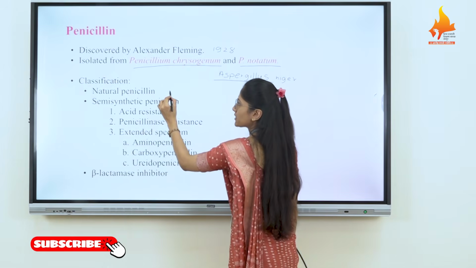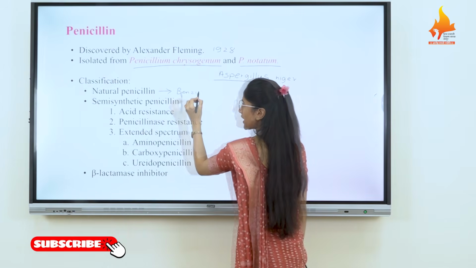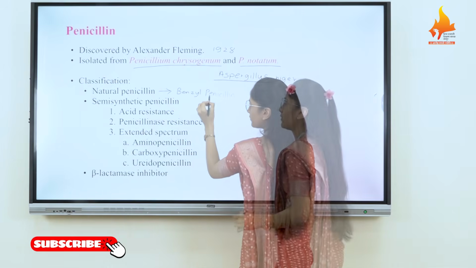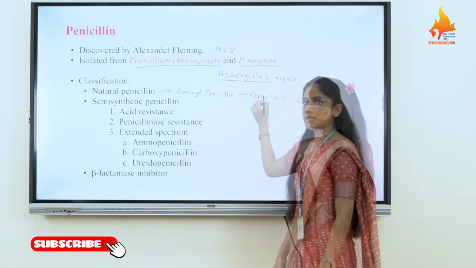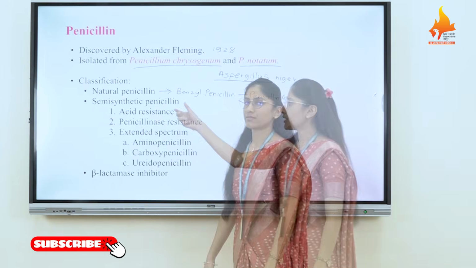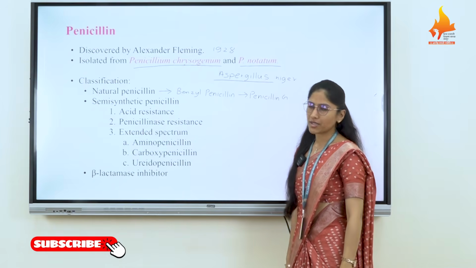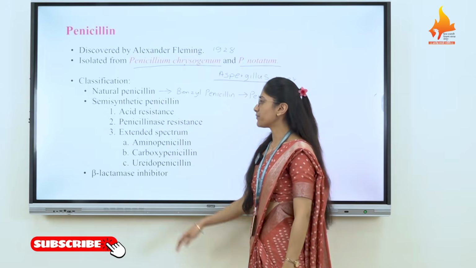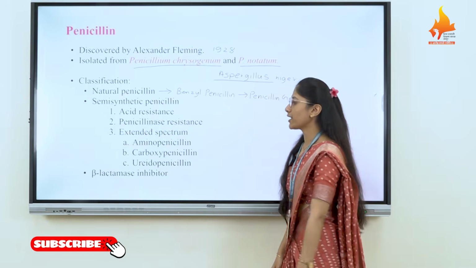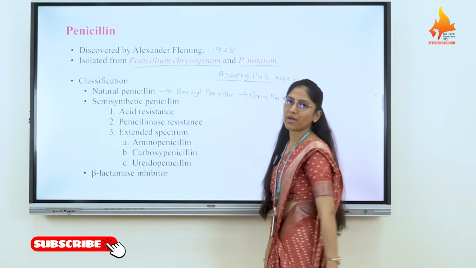Natural penicillin includes benzyl penicillin, which is also known as penicillin G. Semisynthetic penicillin is again classified into three types: acid resistant, penicillinase resistant, and extended spectrum.